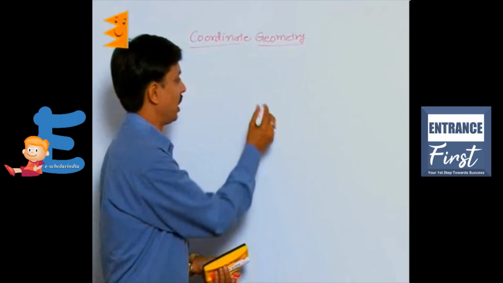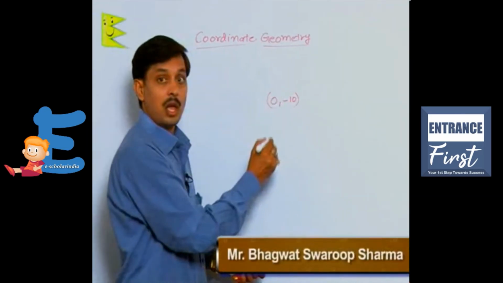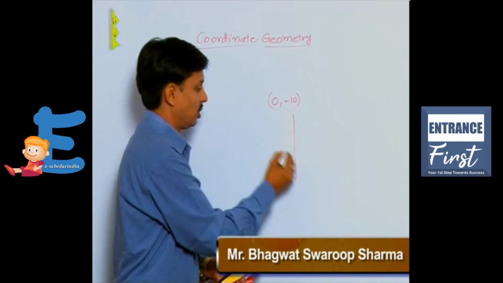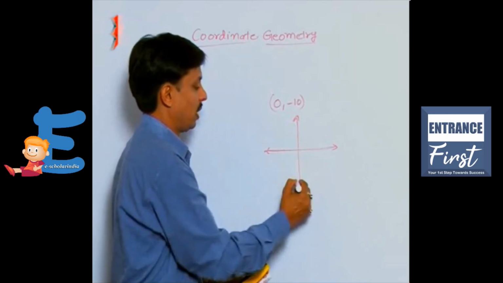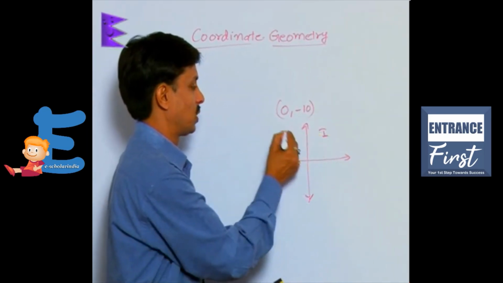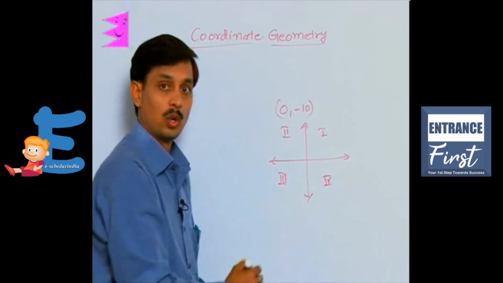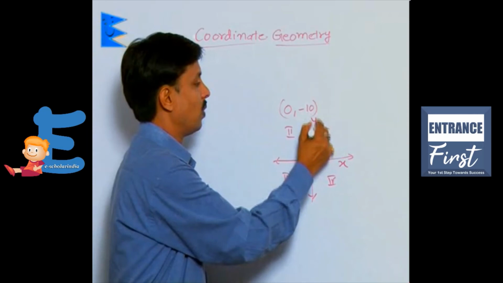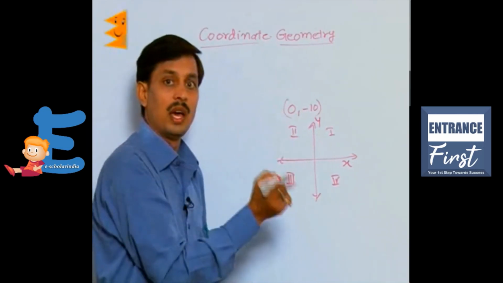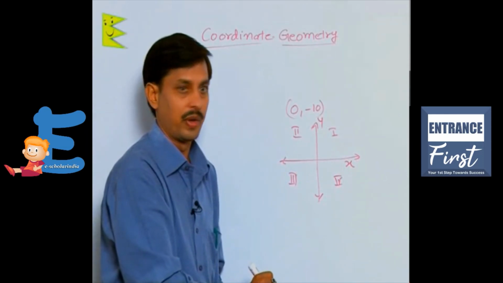In case I say, where does the point (0, -10) lie? In order to locate it, you just see the x-axis, y-axis. Okay, the quadrants have been clear to you. First quadrant, second quadrant, third quadrant, fourth quadrant. (0, -10) means we are not moving anywhere, neither in the positive direction of x nor in the negative direction of x.